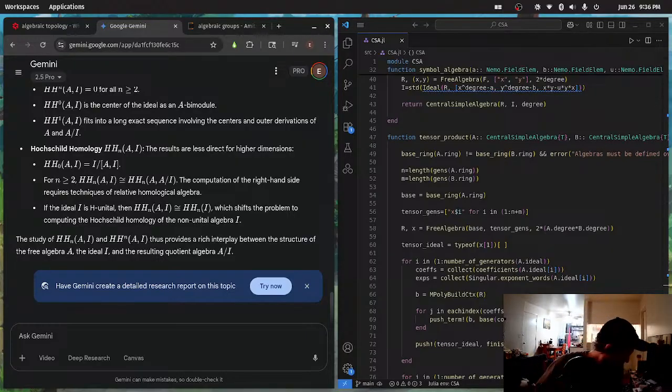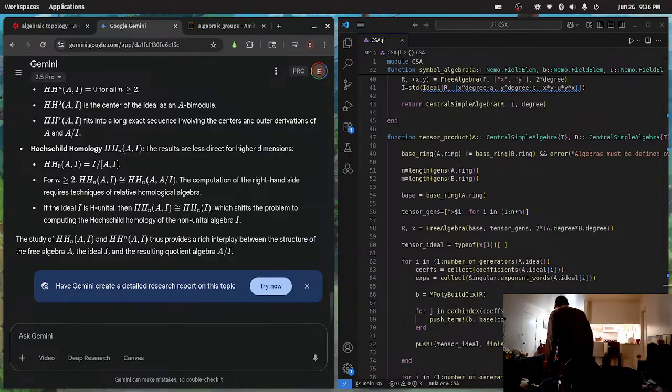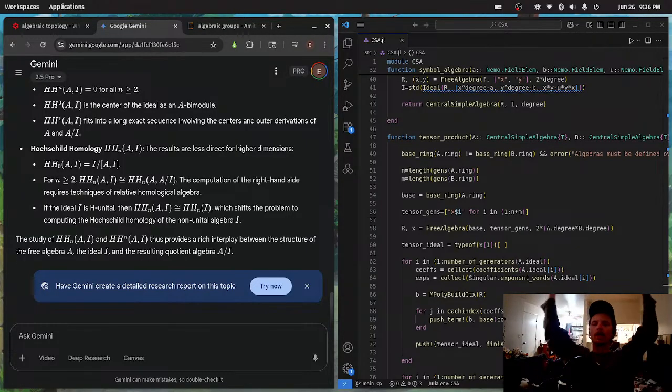Yeah, so in general it's true that there's some interactions here, but for some algebras it seems like we won't get anything. So we're kind of back on the grind of trying to figure out something computable for an algebra.